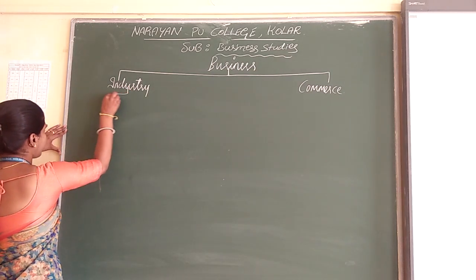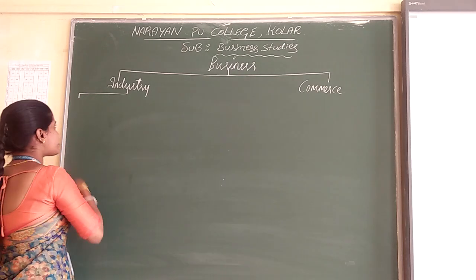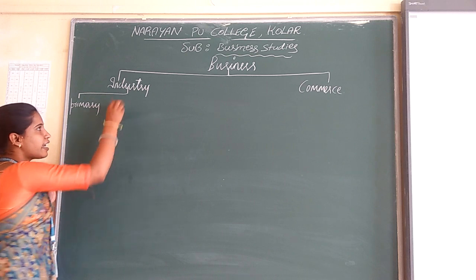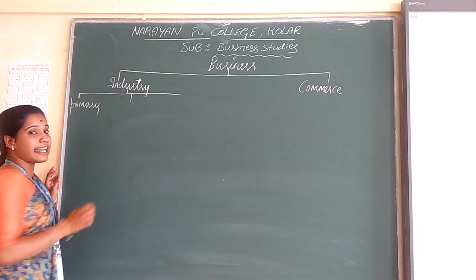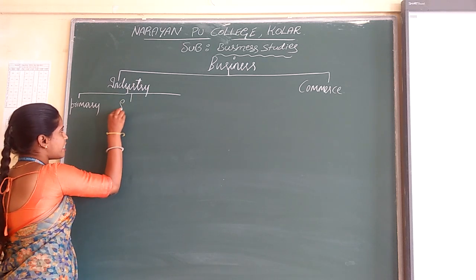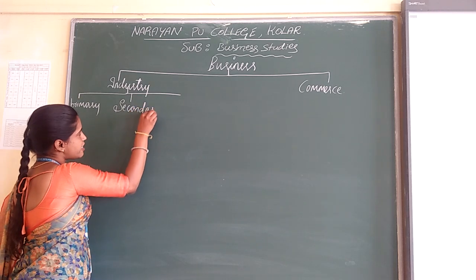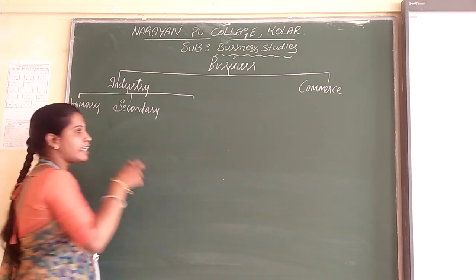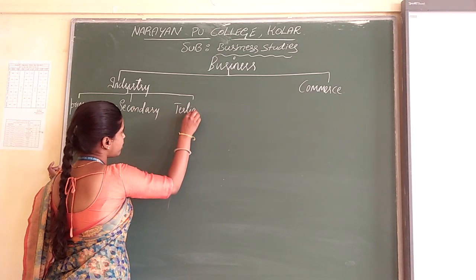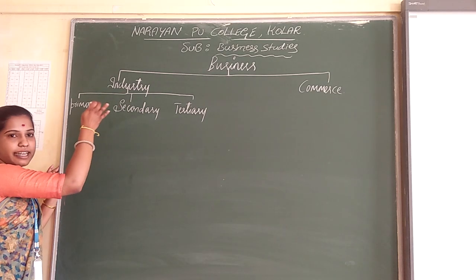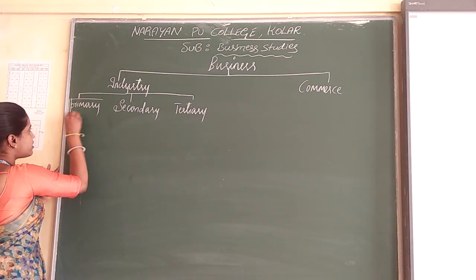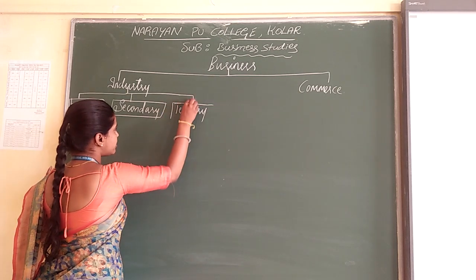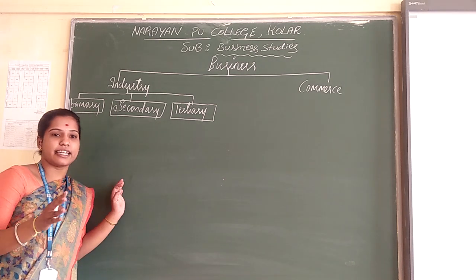The first one is primary industry, the second one is secondary industry, and the third one is tertiary industry.